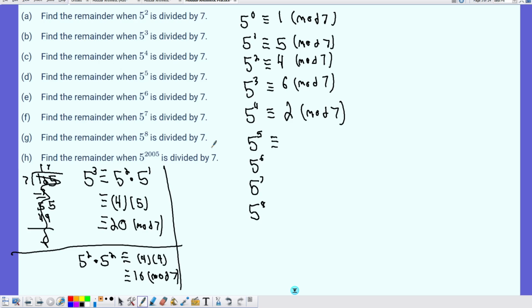well, that would be 5 to the 4th times 5 to the 1st, which is 2 times 5, which is 10, and 10 mod 7 gives us 3.